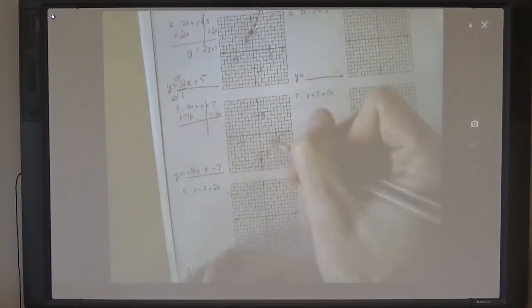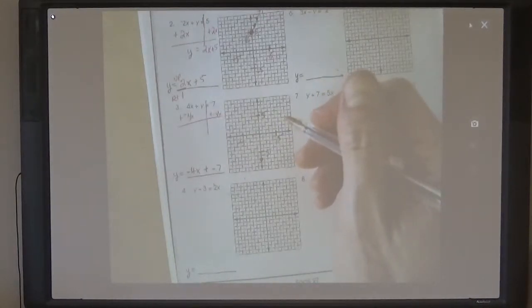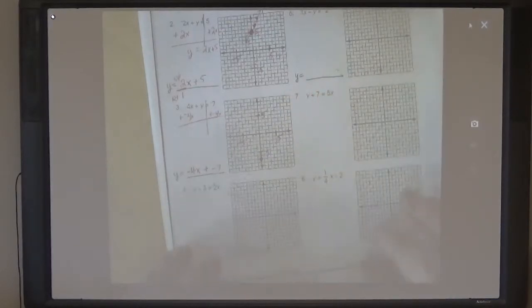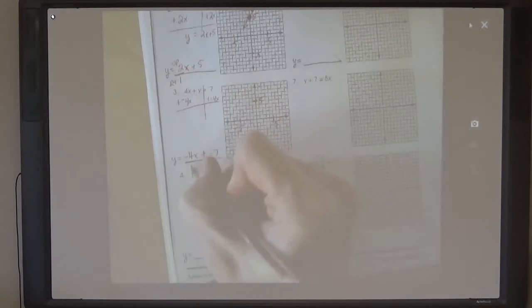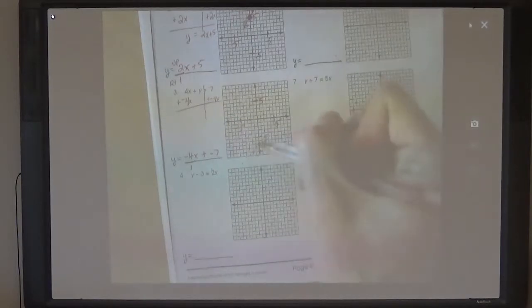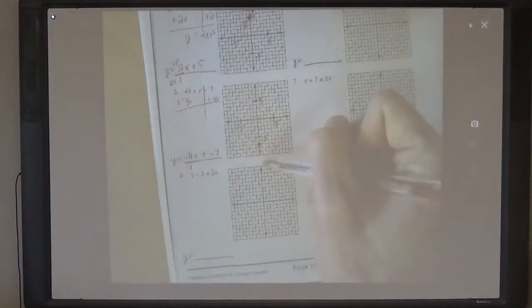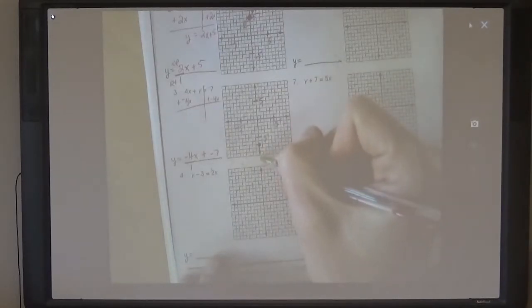The dot would go 2 spaces past the -5. And then mark a slope of -4. Now, -4 over 1 would take us down 4, but we're off the graph. Down 4 over 1 would take us to about here.